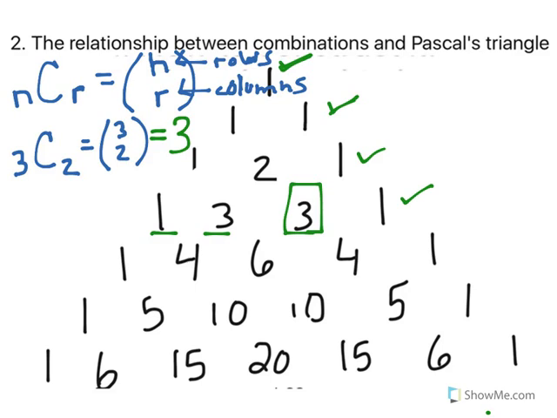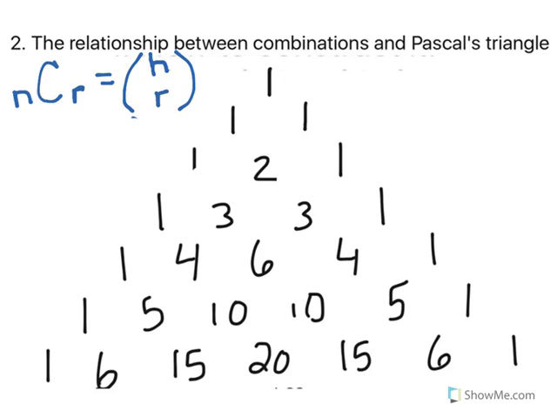Let's try it again. Okay, next, let's try to find 5 combination 0.